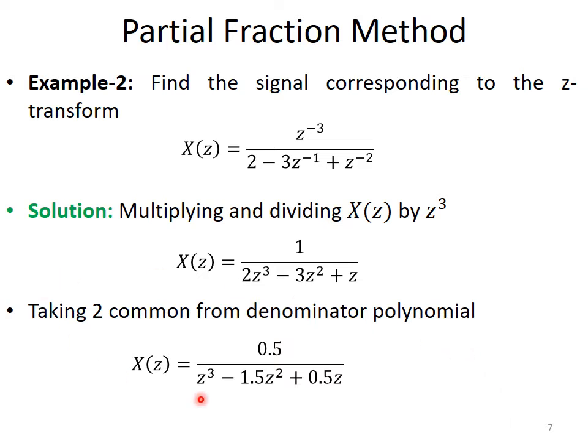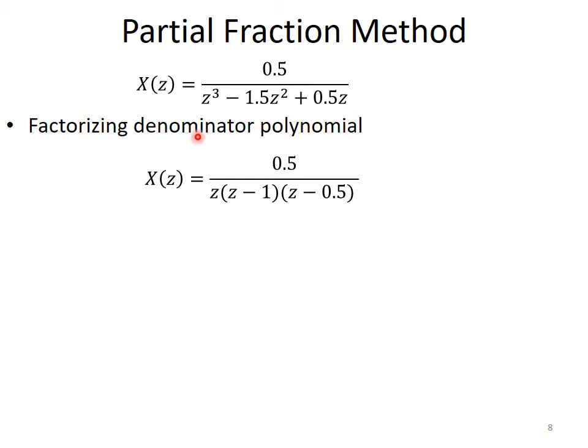We have to break it into partial fractions. Now x of z can be further simplified because the denominator polynomial can be factorized. First take a z common, and then the rest of the terms can be broken into these two factors.